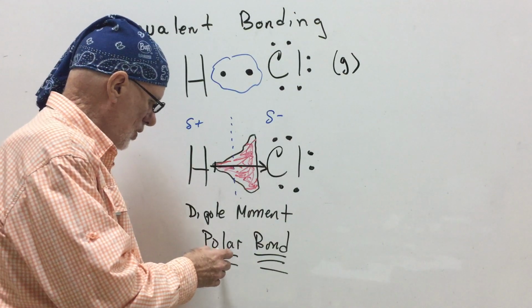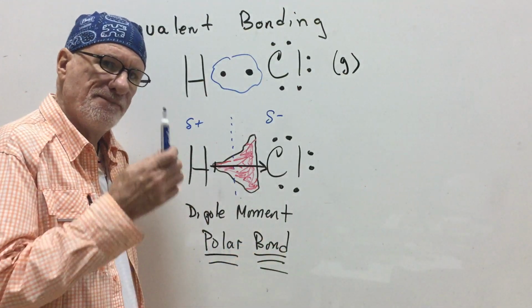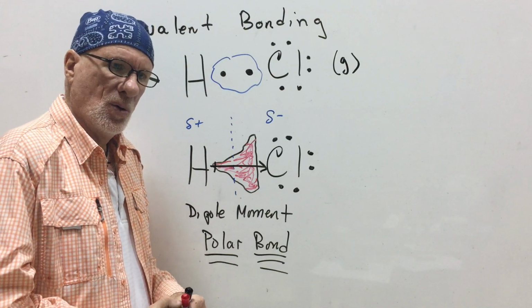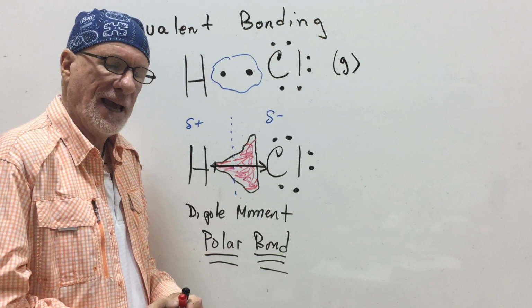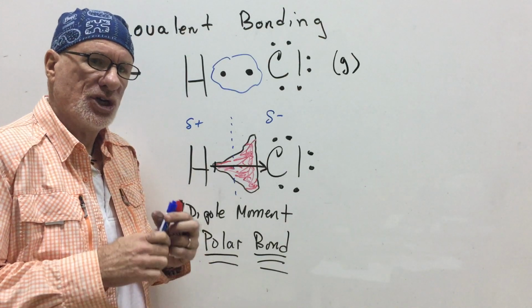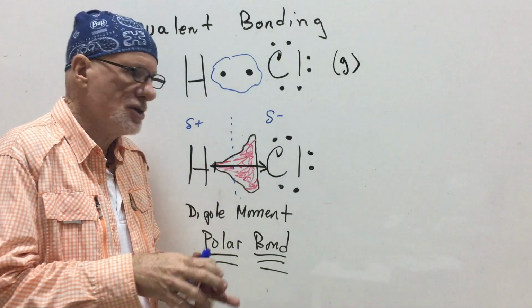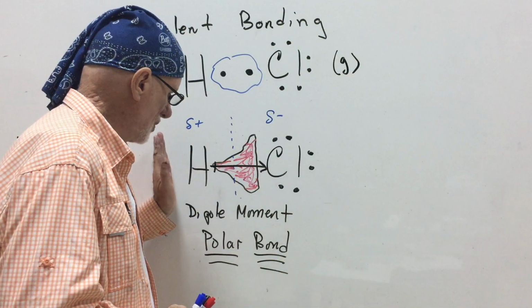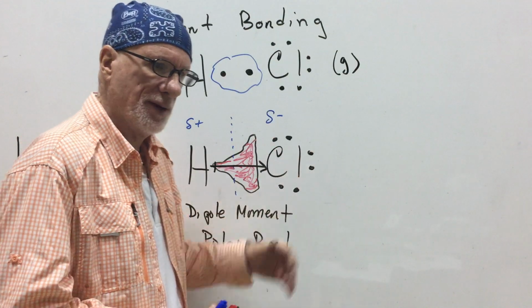And this is called a polar bond. A polar bond is any bond where you have a dipole moment. Any bond where there's a shift in the electrons toward the more electronegative element, that's called a dipole moment.